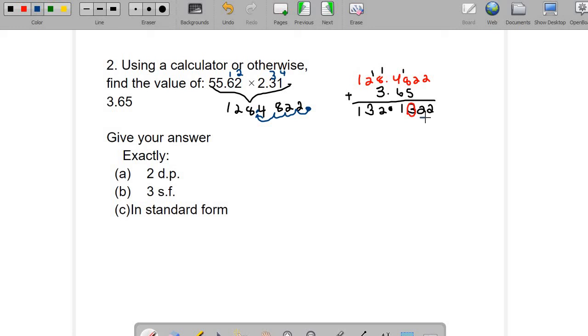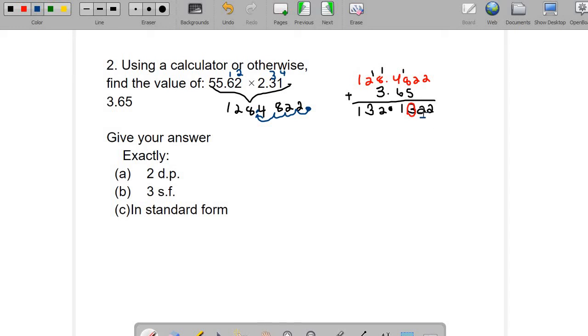Okay, we also need to keep in mind the difference between rounding whole numbers and decimal numbers is that when you're rounding whole numbers, you would replace all of the digits that you dropped off or removed with zeros. But when you're rounding decimals, you don't do that. So all of the digits that we're going to remove, we're not going to replace them with zeros. We only do that when we're rounding whole numbers.